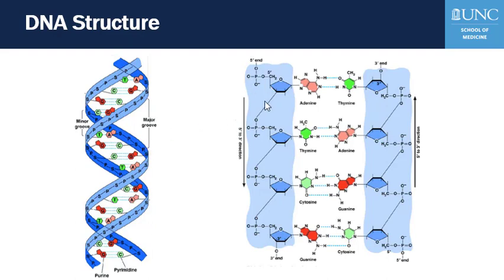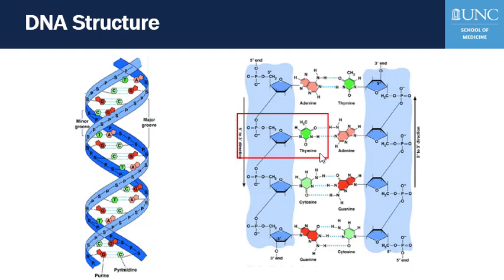Now, if we unwind the helix and zoom in on just a few base pairs, this is what we would see. So here we're looking at many nucleotides linked together with that sugar phosphate backbone in blue and the paired bases in between. So an individual nucleotide molecule is made up of deoxyribose, which is a type of sugar with 5 carbon atoms, a phosphate group made up of phosphorus and oxygen, and a nitrogenous base.